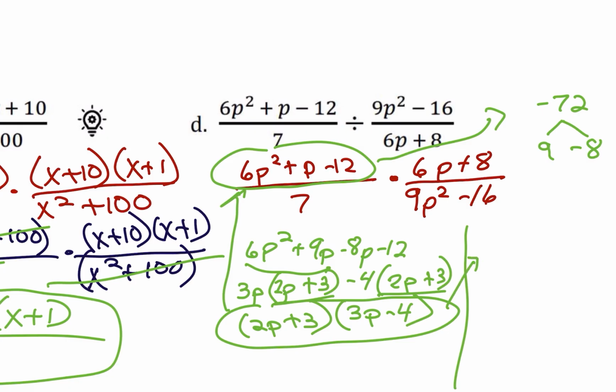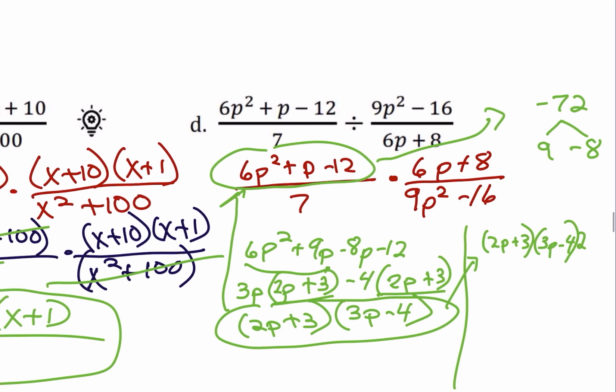So what I have is 2p plus 3 times 3p minus 4. And then I'm going to take out the GCF from here. What that's going to be is just a 2. So I'm going to say times 2, times 3p plus 4.